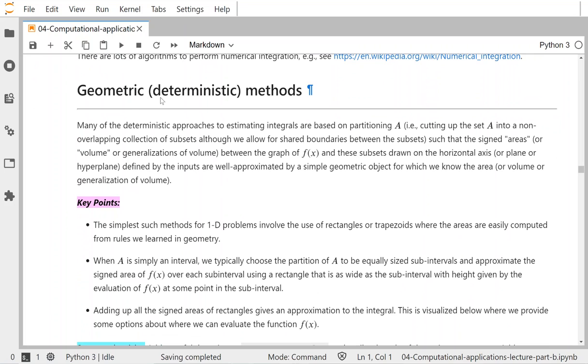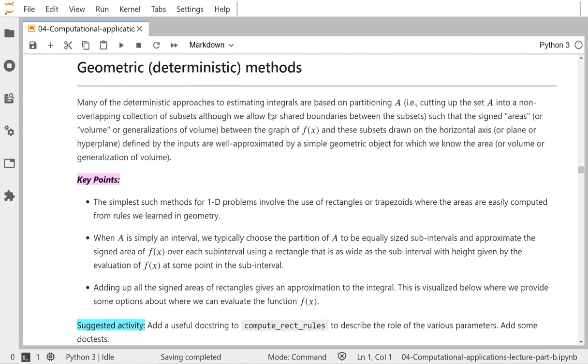We are first going to discuss geometric or deterministic methods. Many of the deterministic approaches to estimating integrals are based on partitioning the set A, meaning to cut up the set into non-overlapping collections of subsets, although we do allow for shared boundaries.